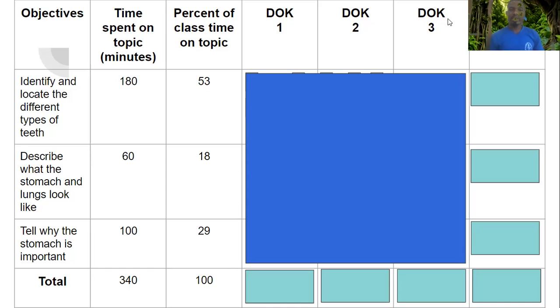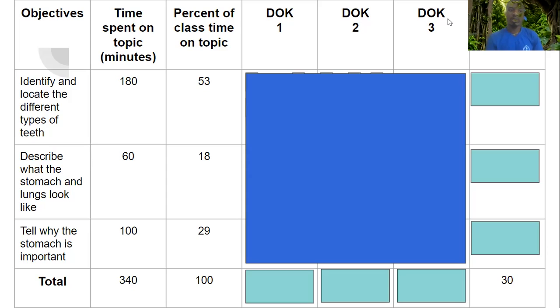The next thing I need to do, I need to decide how many items I am going to be placing on my test. So in this case, I placed 30 items. In order for me to find out how many items per objective, I will need to do calculation again. Here is how I'm going to do the calculation.